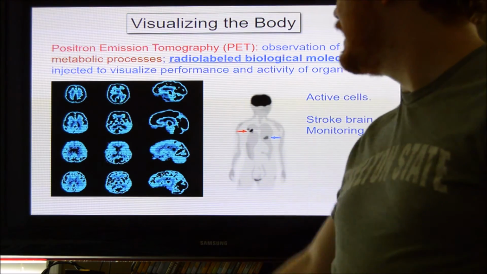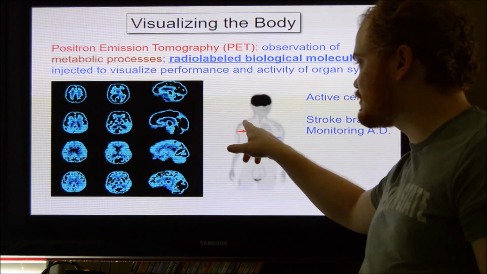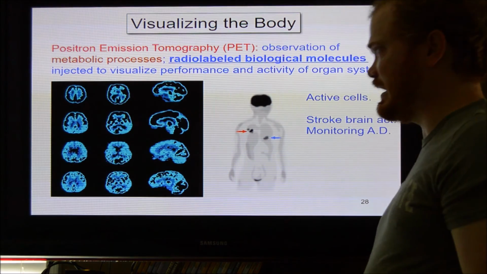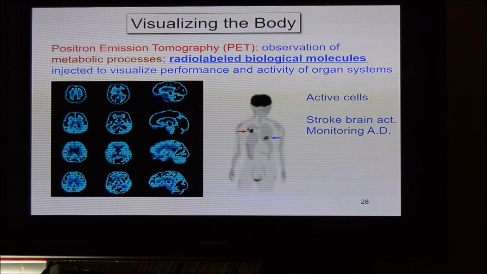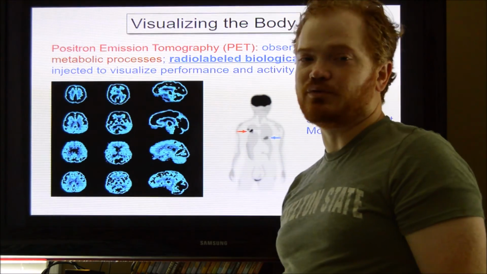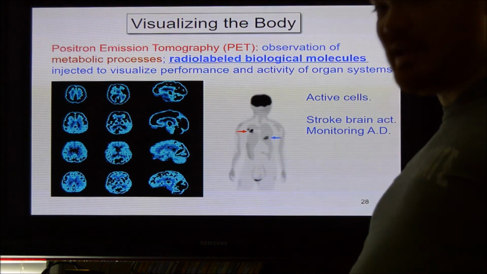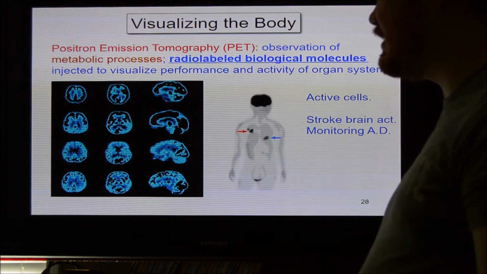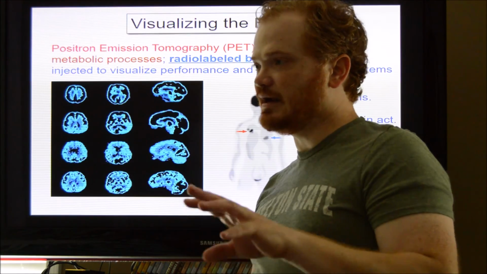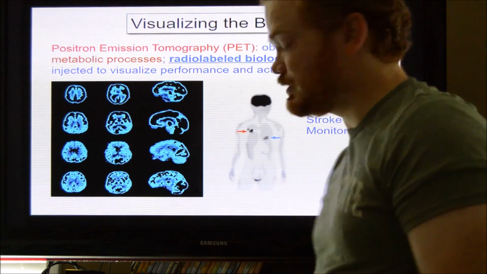In other words, this helps us find potentially cancerous areas, like tumors, for example, would be very, very active. This helps us to locate those. Also, this can be used to diagnose a stroke within the brain. If there's an area of the brain that isn't getting any of this radioactive tracer, then it's a pretty good way of looking at potentially an area that's not getting blood flow, a stroke.